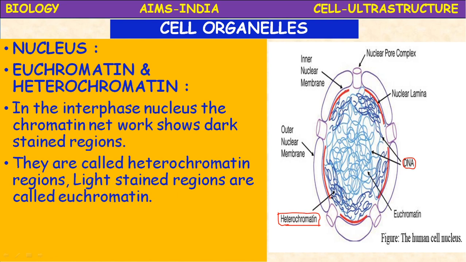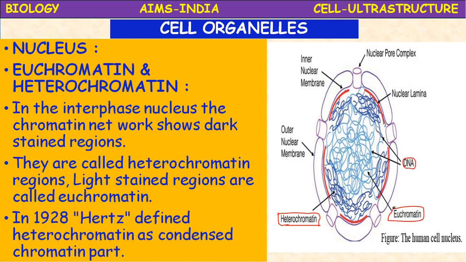The dark stained region inside the nucleus is called heterochromatin, and the light stained region is called euchromatin. Eu means true, and euchromatin contains DNA. Okay, next. In 1928 Heitz defined heterochromatin as the condensed chromatin part.